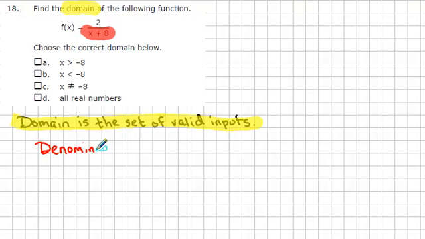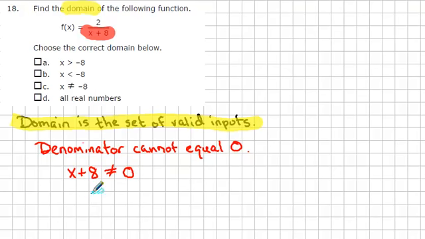The denominator cannot equal 0. So what is our denominator? Our denominator is x plus 8, and we need to make sure that it does not equal 0.